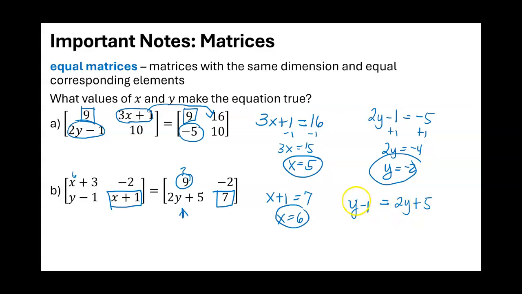If we want all the y's on this side, we subtract y here, we subtract y. Now we have negative 1 equals y plus 5. We want the 5 to move together over here with 1. So minus 5, and we can see that y is equal to negative 6. Again, you can double check with the actual expressions in each matrix and see if they will be equal. Definitely, both of them will be negative 7 in the end. So those are our equal matrices.